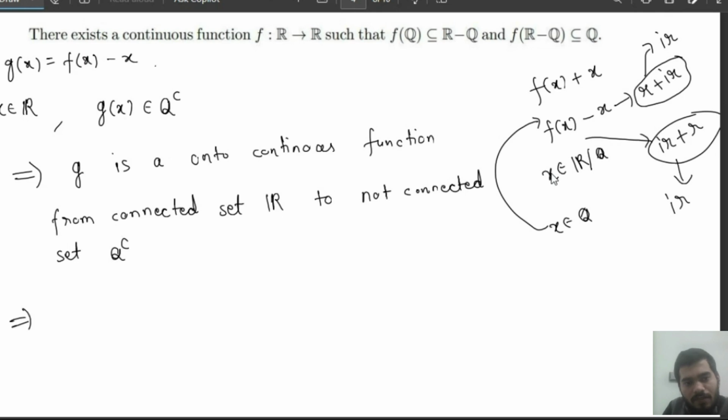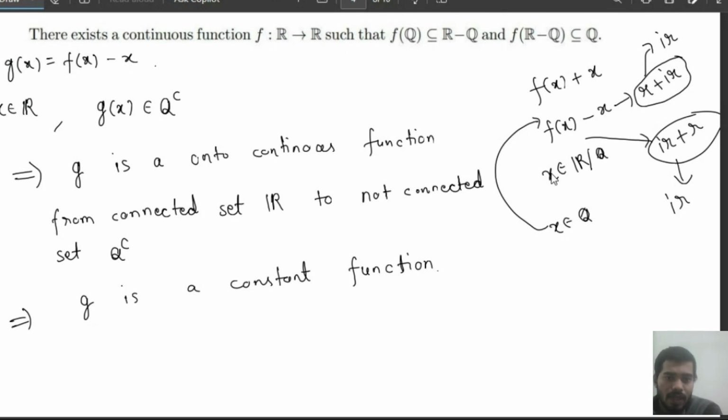This implies g is a constant function. Is it fine or not? Because there exists no non-constant continuous function which maps a connected set to a non-connected set, because the image of a connected set is a connected set, right?